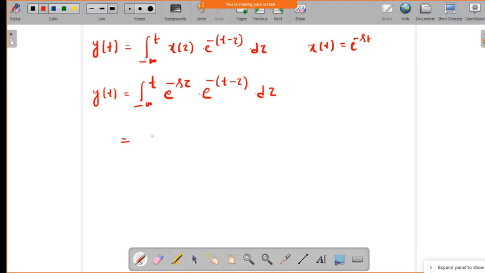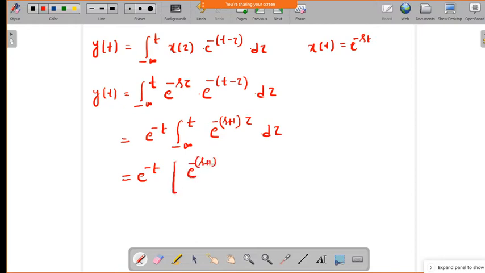Since the variable is tau, take e power minus t outside, and inside it becomes e power minus of s plus 1 into tau d tau. Evaluating the integral, you get e power minus s plus 1 into tau divided by s plus 1.